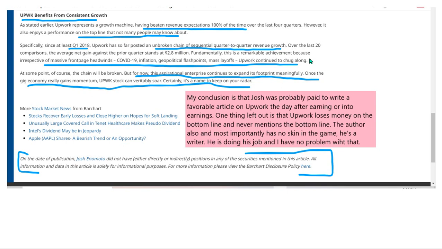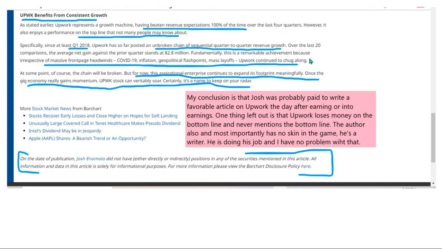Then Upwork benefits from consistent growth. Okay. So as stated earlier, he says Upwork represents a growth machine, having beaten revenue expectations 100% of the time over the last 4 quarters. However, it also enjoys a performance on the top line that not many people may know about.